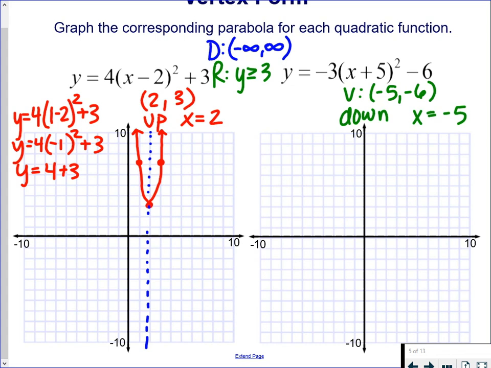Okay, so if I graph down here somewhere, and my axis of symmetry comes from that, this is supposed to open down. I hope it does. So if this is -5, I might plug in -4 or -6. It doesn't matter, okay? So let's say I plugged in -4.